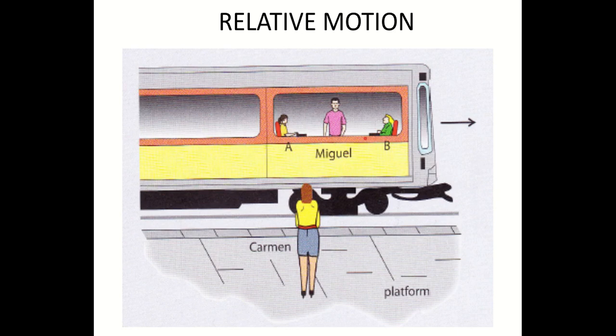But on the train, Miguel and passenger A and B are going to say they're not moving, because relative to them, they're not moving. Okay, but they're going to say that Kármán went whipping by the window. It's the same idea as if passenger A was asleep. Passenger A doesn't feel like they're moving 40 miles per hour. But to Kármán, it looks like she's moving 40 miles per hour. You've all done this in a car when you're sleeping.